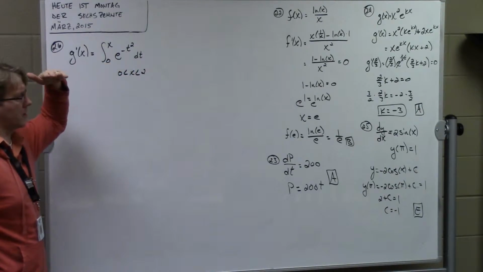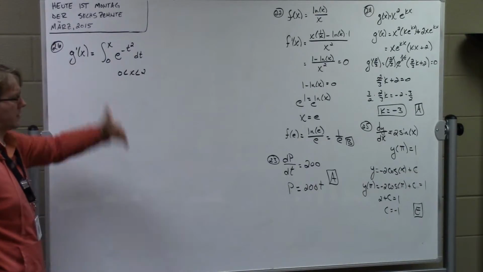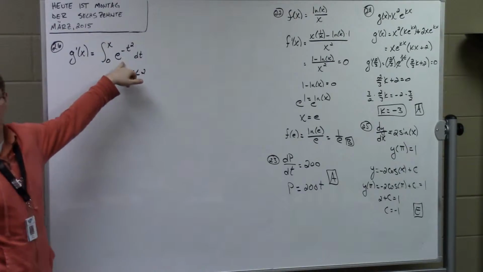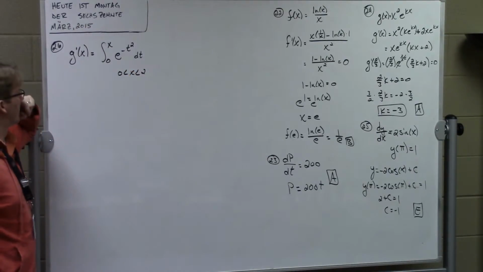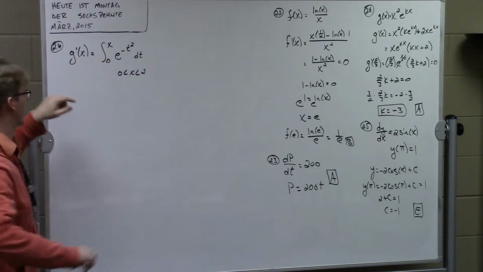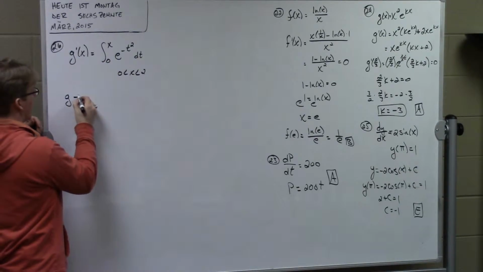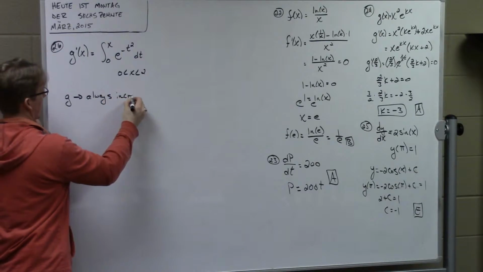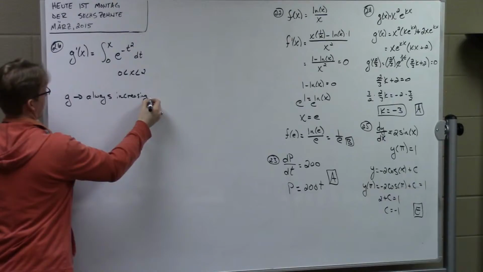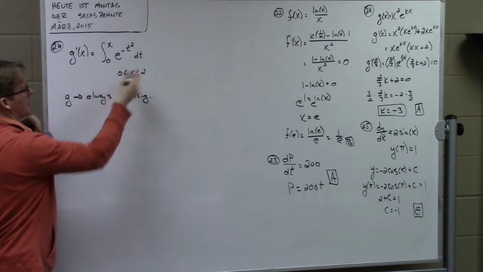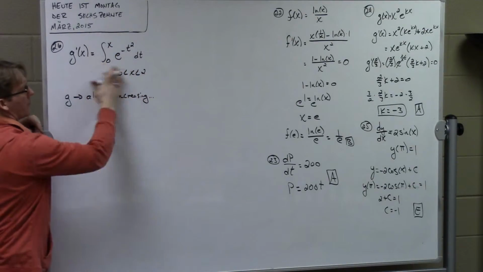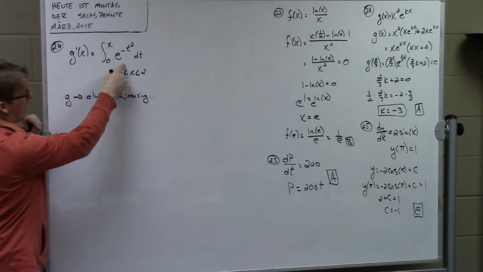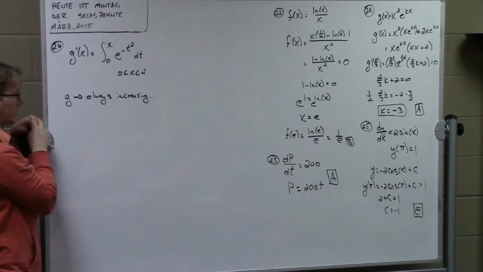This function never dips down into the negatives. The e function is never negative, and no exponential is unless you flip it. So this will always be positive, which for me means that G will always be increasing. That makes sense. This never dips into the negatives, so this answer will always be some positive number, which means G prime will always be positive, so G is always increasing.